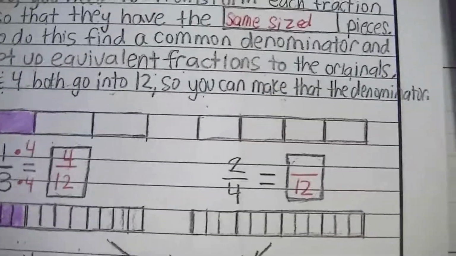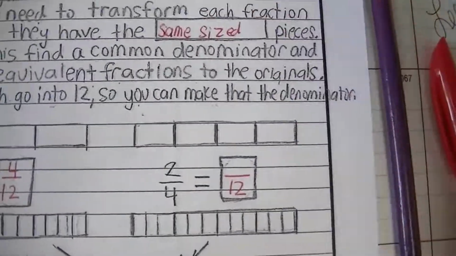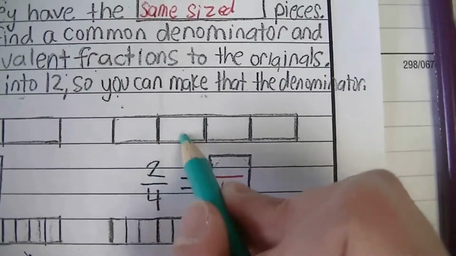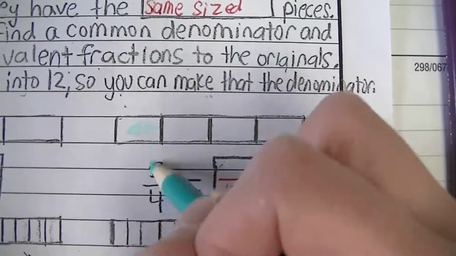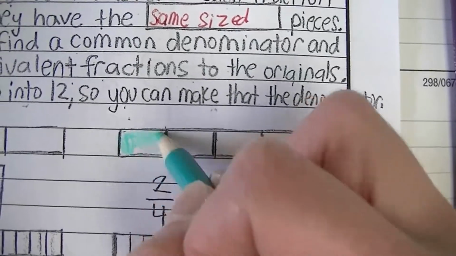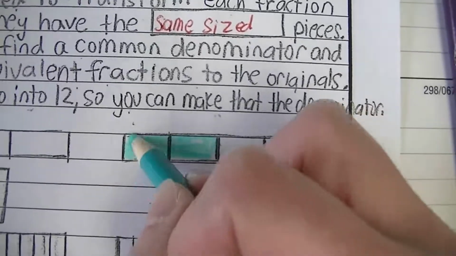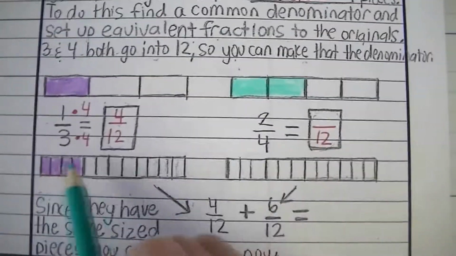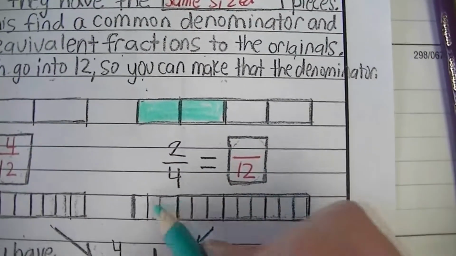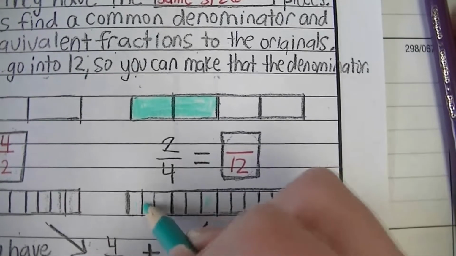Now we have to do that to the other fraction also. Let's represent 2/4 with its picture. See, there's 1, 2, 3, 4. There's 4/4 right there, but we only want to color in 2/4 of it to represent that fraction. And since we want to cut it into 12 pieces, just like we did with this one, because we want the same size pieces, they need to be the exact same size.